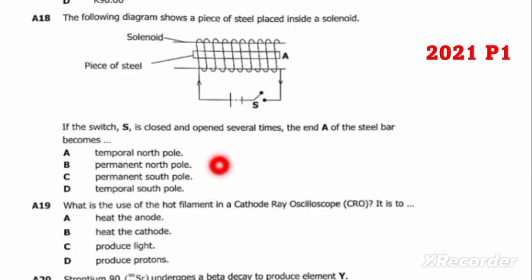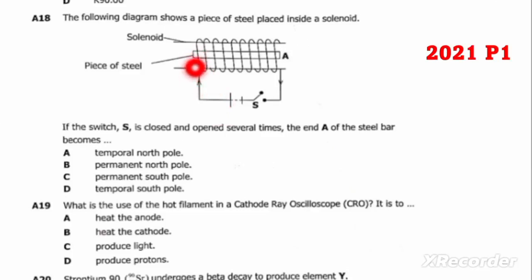We can see that the current is moving in this direction. If we grip the solenoid given, following the direction of the current, we are going to discover that the thumb will point here.